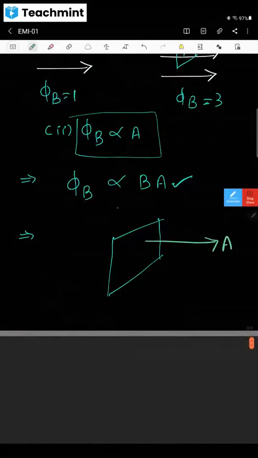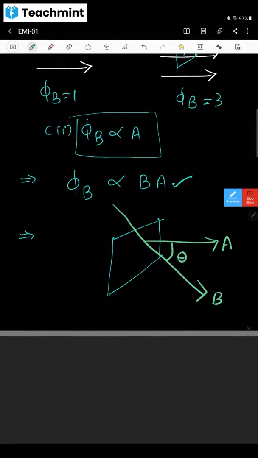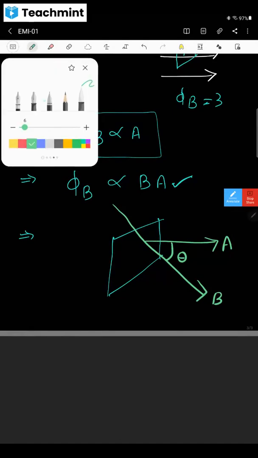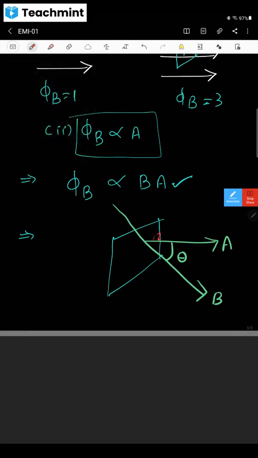Now if magnetic field lines are passing like this, look at this. There is some angle between this B and A, right? Here is theta. What happens here? You have to take the magnetic field lines perpendicular to the surface, right? Whatever this B is, don't you think this B can be split into two components?